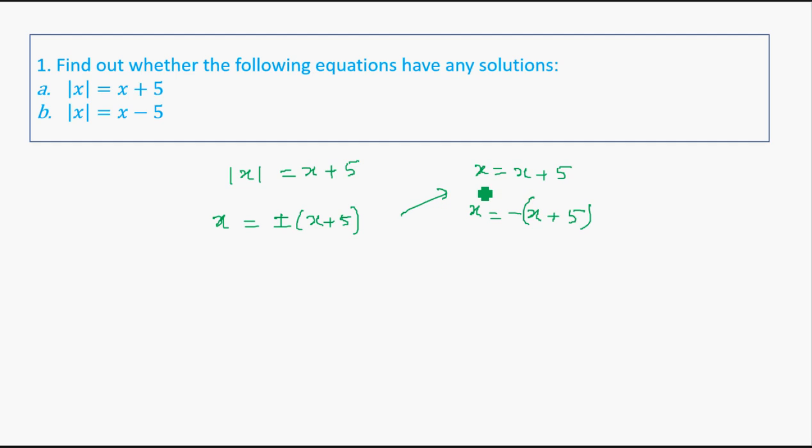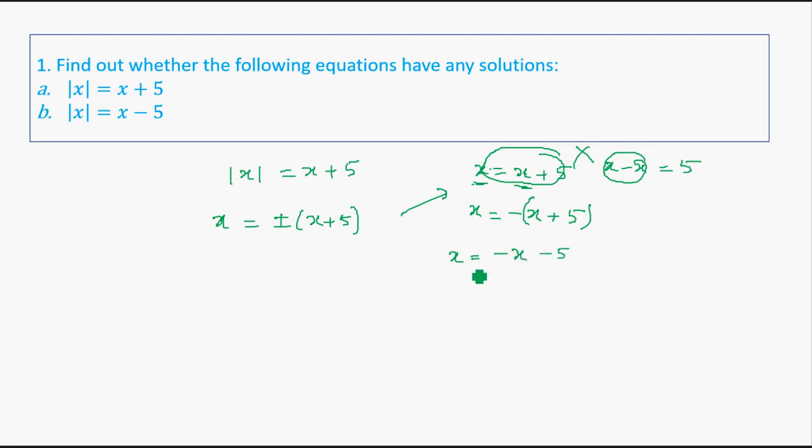Now in the first case you can see x on LHS and RHS. If I bring this x to the right side, it will become x minus x is equal to 5. Now this is 0, right? So this is a false condition, so we will ignore this and simply solve the next part. So minus x minus 5.